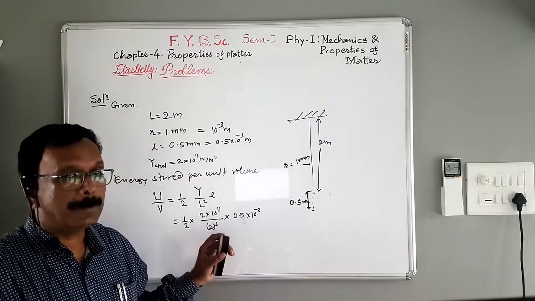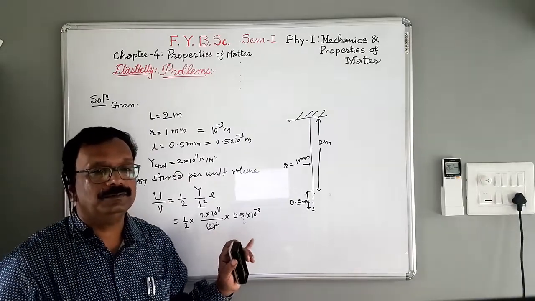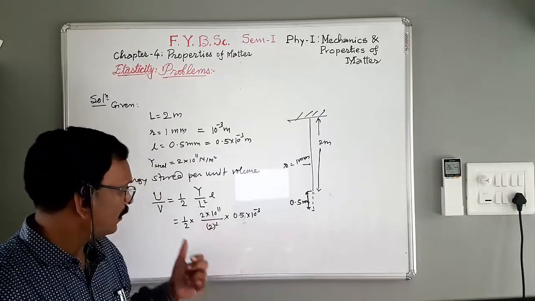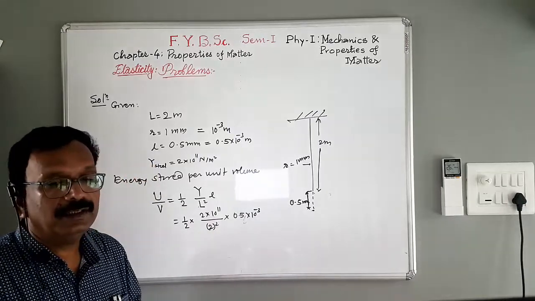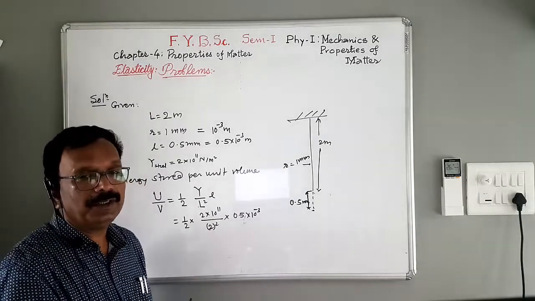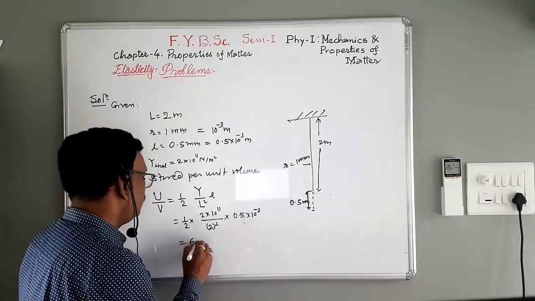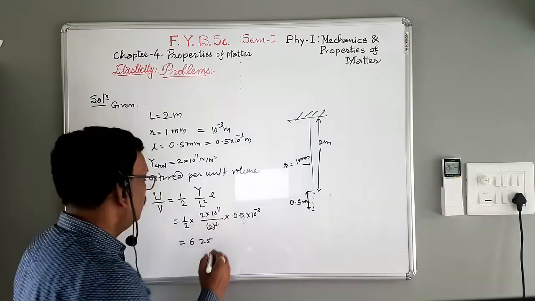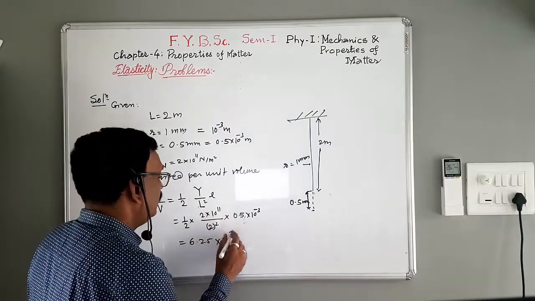Okay. This is the formula. When you solve this by simply using a calculator, you will get the answer, that is, the energy stored in the wire per unit volume is nothing but 6.25, the calculation obtained, into 10 raised to 3.